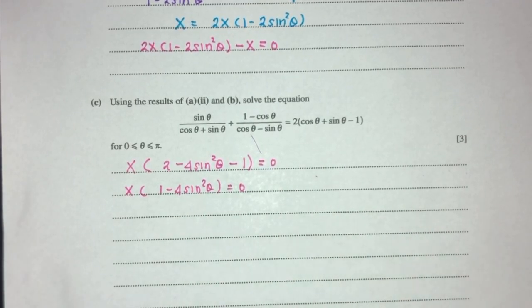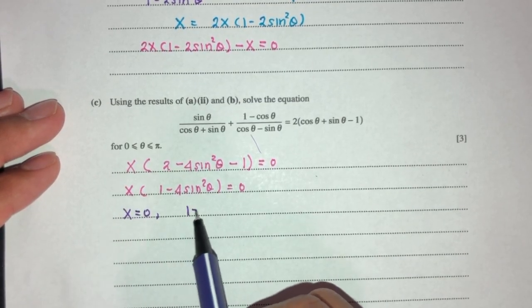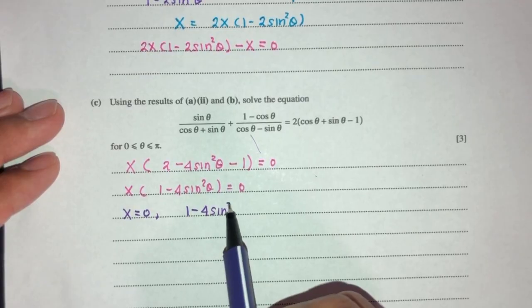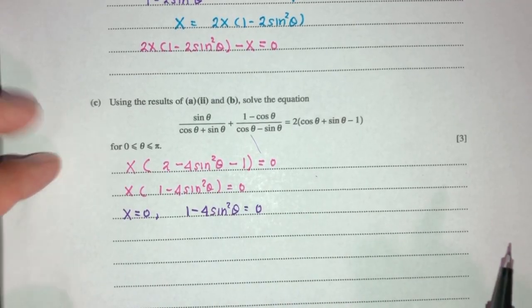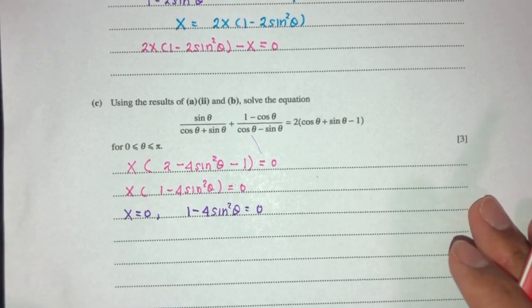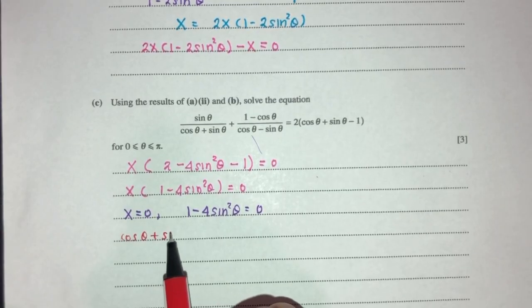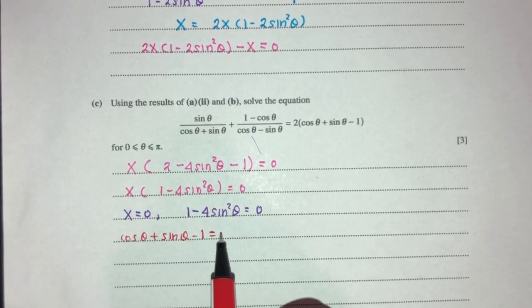Now, this is factorized for you already, so we can solve directly. The first equation we have will be x is equal to 0, and then 1 minus 4 sine square theta is equal to 0. Okay, now obviously we're not solving for x. We know x is equal to what? Cos theta plus sine theta minus 1 is 0.